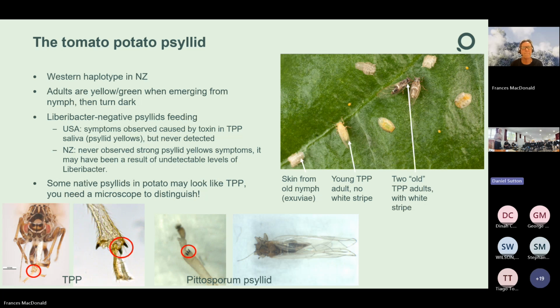The feeding of Liberobacter negative psyllids. So very old and some more recent material from the US say that there is a toxin. They've never found the toxin in the psyllid. They said that the toxin would induce the plant, but we do not get the same observations here in New Zealand.